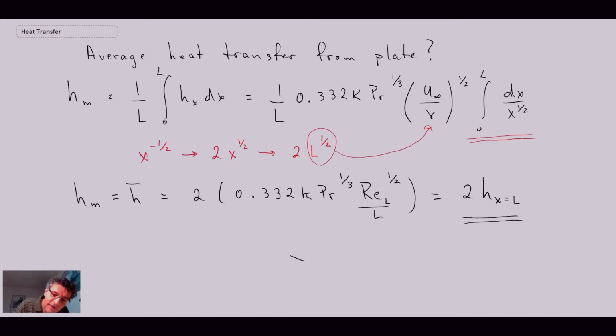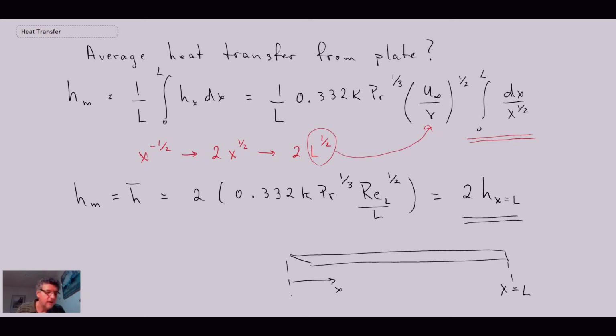times the convective heat transfer coefficient at the end of the plate. When I say end of the plate, remember that we have a plate like this. X is starting here, and this would be the end of the plate, X equals L, the length of the plate. The average convective heat transfer coefficient is nothing more than 2 times the value of the convective heat transfer coefficient at the end of the plate. That's an easy thing to remember.